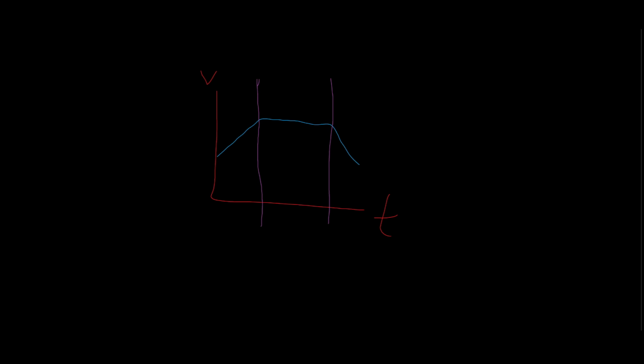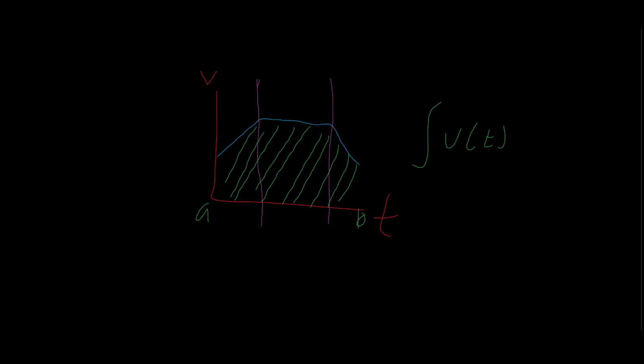I can tell you, because of the properties of a function of velocity with respect to time, or rather, that acceleration is the derivative of velocity and position is the integral of velocity, I can tell you that the change in position for this entire section of the graph is the integral, from this bound on the left, we could just call this A, and then over here, which we could call B. So the integral of velocity from A to B, I can tell you for a fact that it is going to be greater than 0.